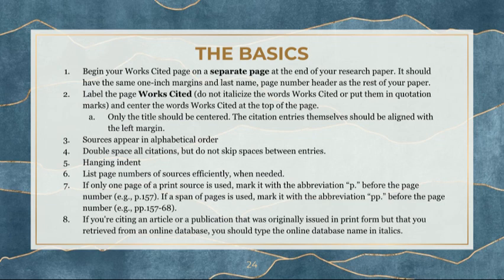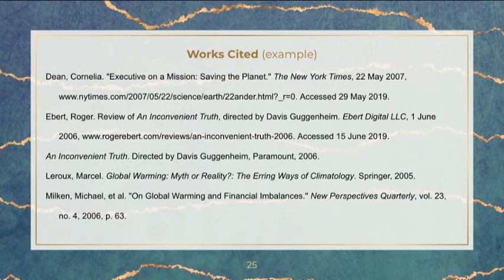Then finally, if you are citing an article or a publication that was originally issued in print form, then you need to type the online database name in italics. Now, as you can see on this example works cited page, I have my title at the very top, Works Cited.